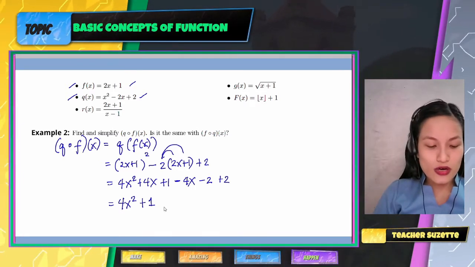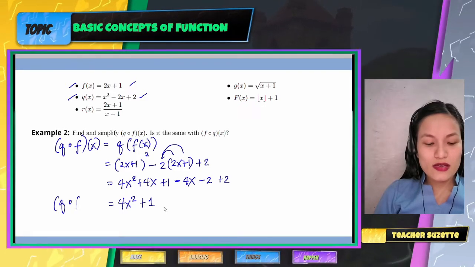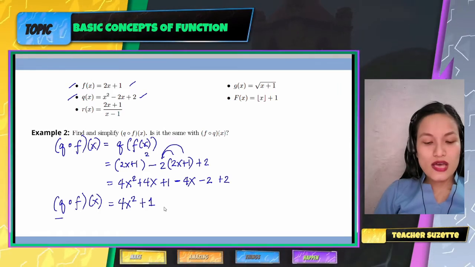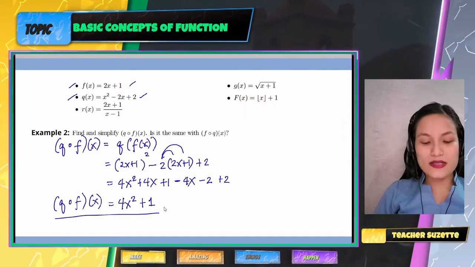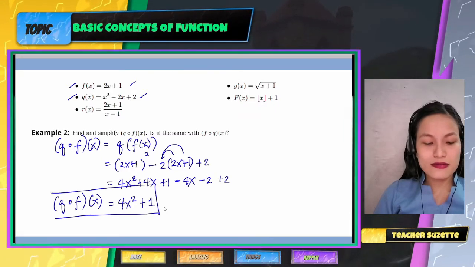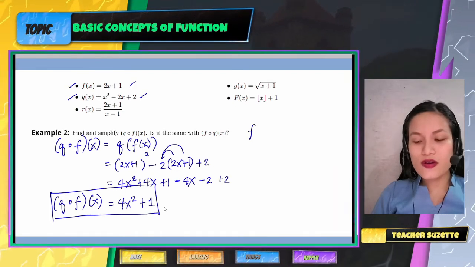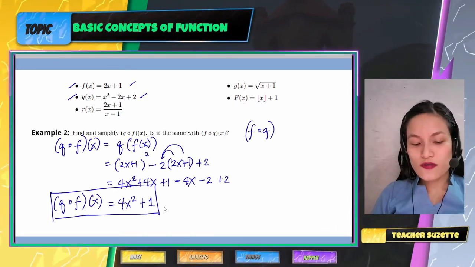So, therefore, our composite function of q with f of x is equal to x squared plus 4x squared plus 1. Now, let's see. Same po ba siya dito sa ating f of q of x?